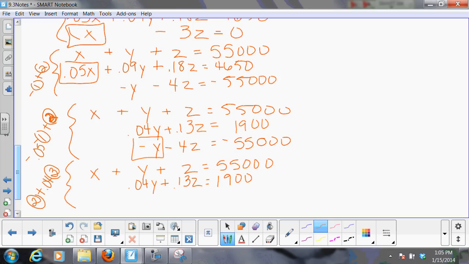So my y's go away. 0.13 times negative 4 plus negative 4 times 0.04 is negative 0.03.